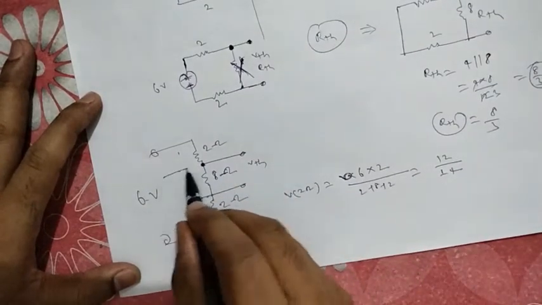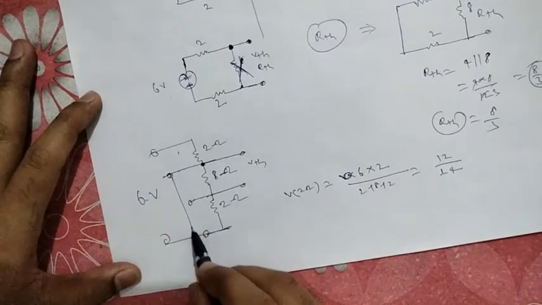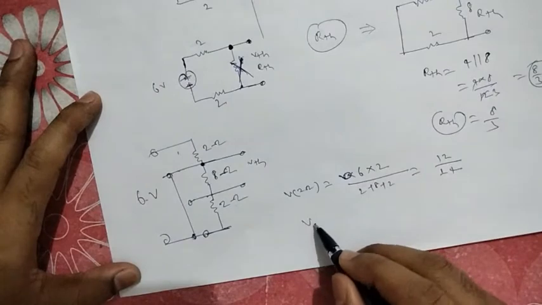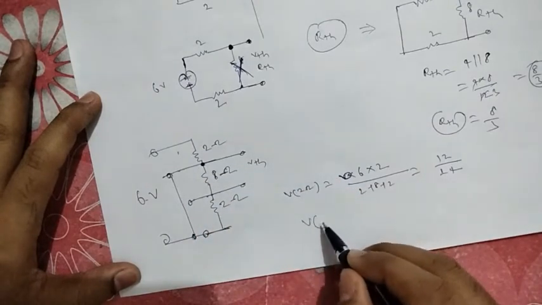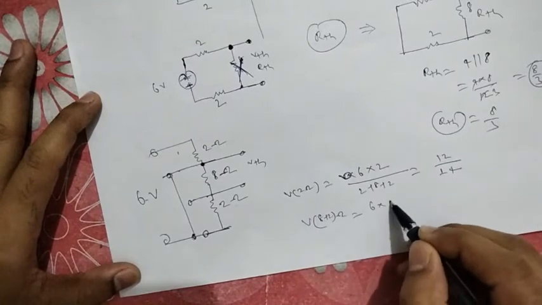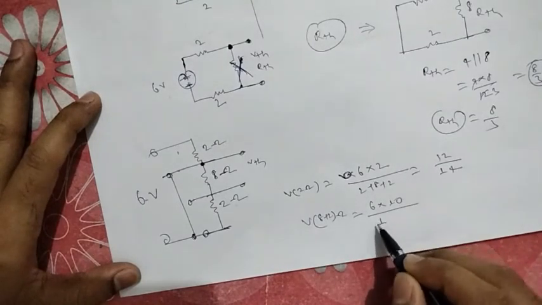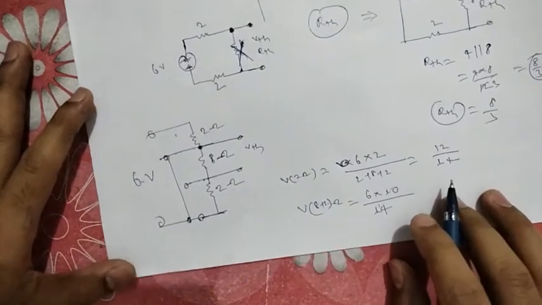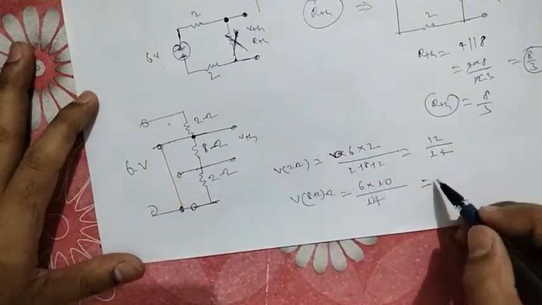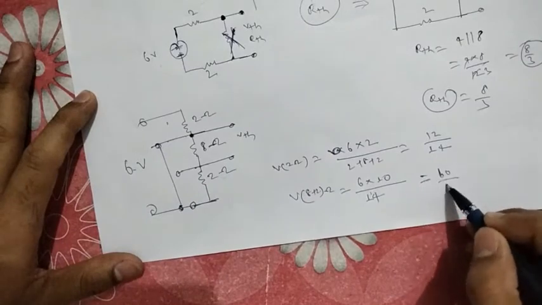And if you want the total voltage across 8 plus 2 ohm, again by the potential divider, it is 6 into 10 by 14, that is 60 by 14.